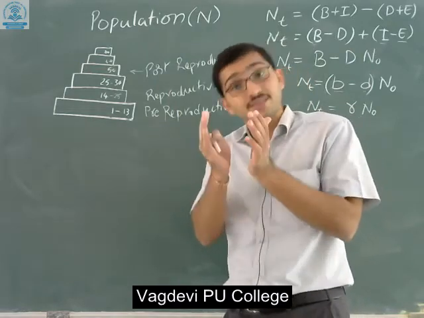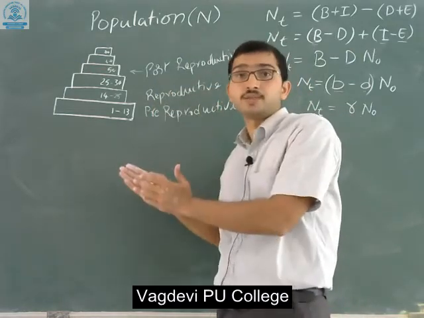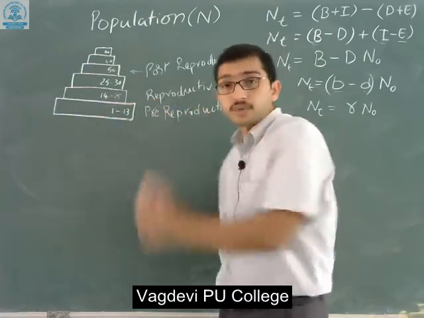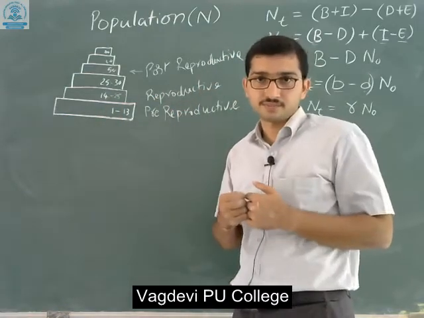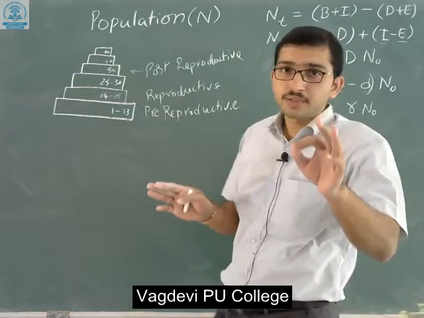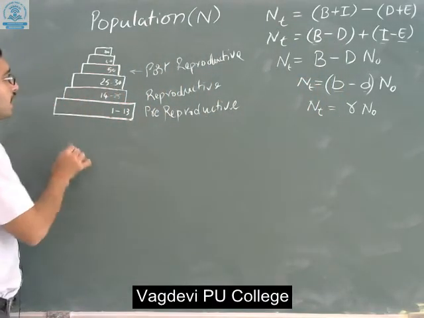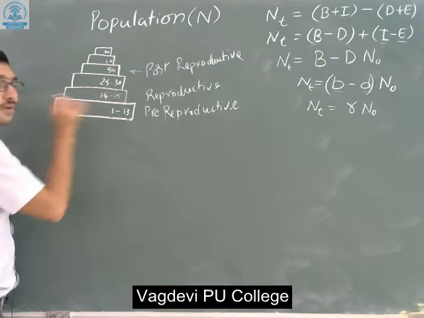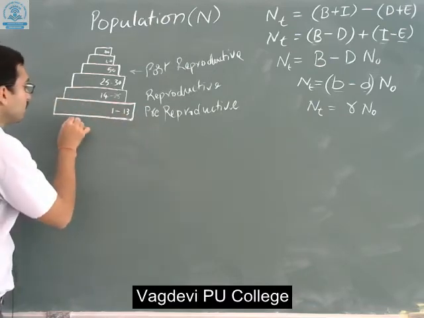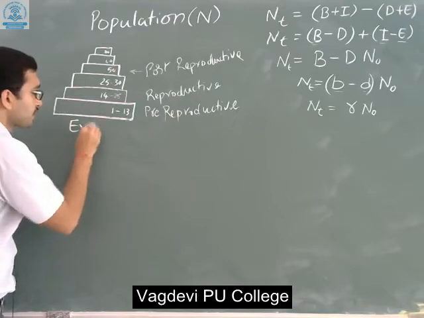Food and space are sufficiently present in that habitat, which is why you can find more young individuals. So the habitat is completely dependent upon this. In this habitat the bottom half is expanded, so the population is always expanding.